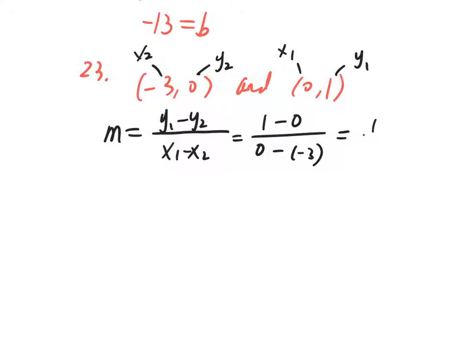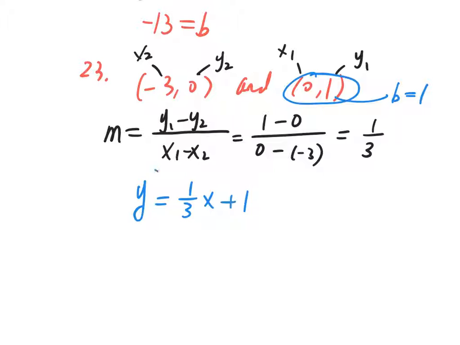So I'll have 1 over 3. And then this b, from the given condition, because I have (0, 1), it really means my b is 1. So my equation is just y equals 1/3 x plus 1. So it's a very quick problem if you can see that the b is actually given.